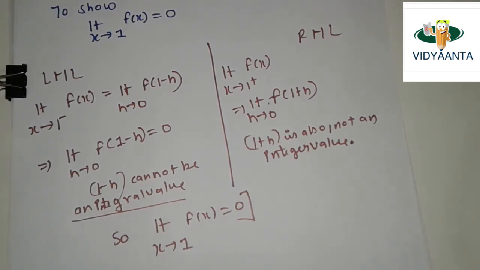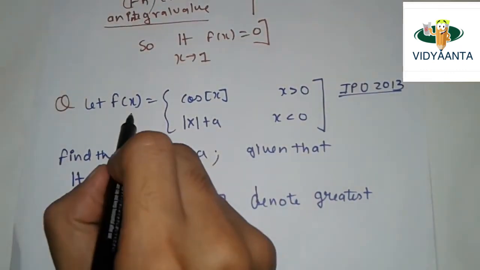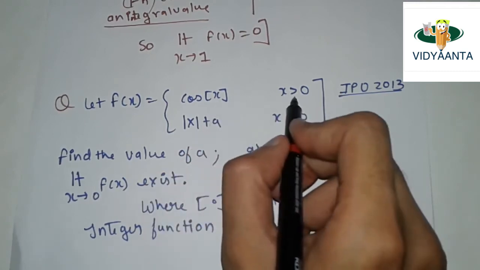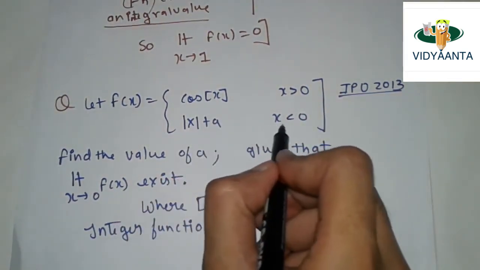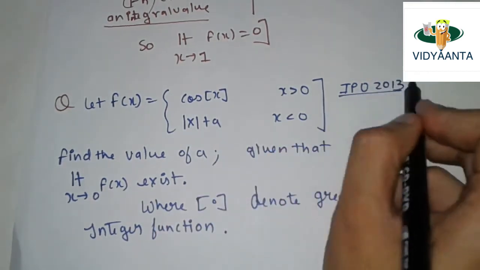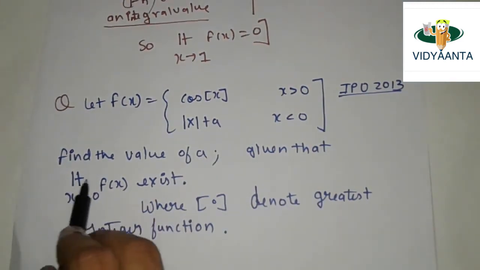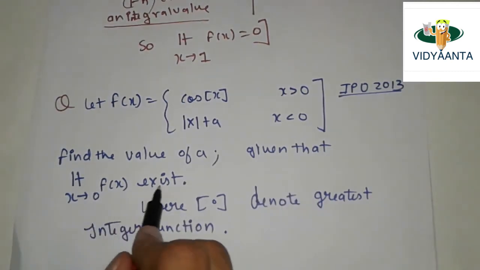Now second question. Our next question is f(x) is equal to cos of greatest integer x when x is greater than 0, or mod x plus a if x is less than 0. This is a previous year question from IPU 2013. According to the given question, find the value of a given that limit x tends to 0 of f(x) exists.